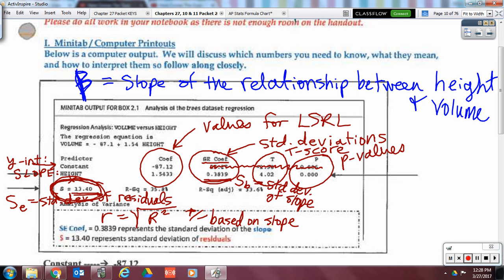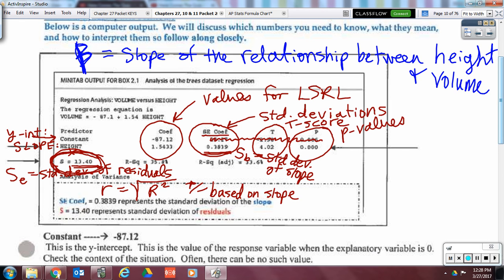Okay. So beta is the slope of the relationship between height and volume. And we will run a statistical test so that we can get statistical evidence to see if there's a linear relationship or not. So what we do is say our null hypothesis is that beta equals 0.